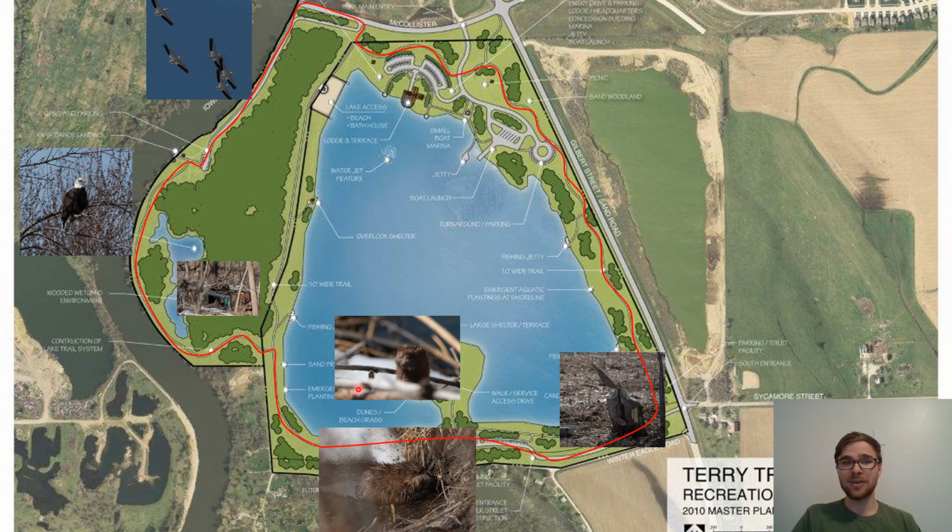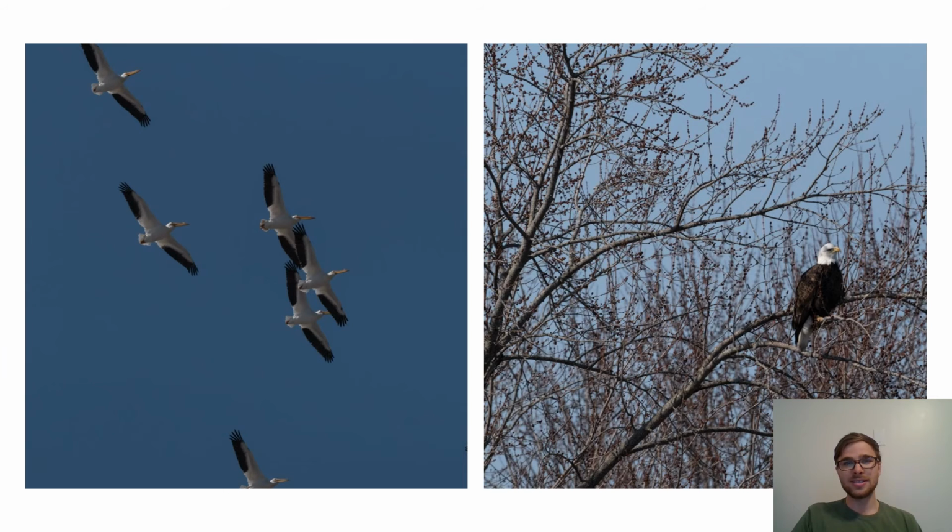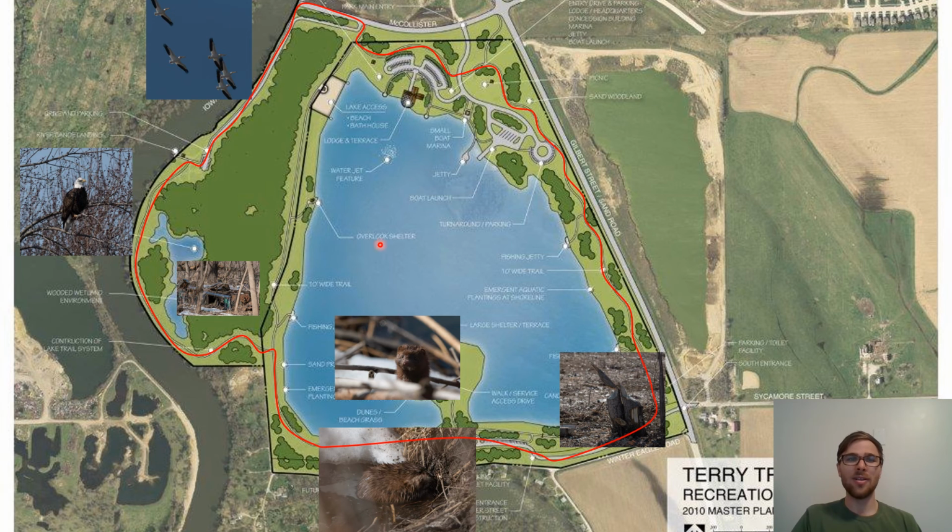And then I picked out a few to place along where I saw them in the map. So the first things I saw were these white pelicans flying and this bald eagle, and both of these were over by the river along here. The eagle is on the other side, so I have it on the other side.